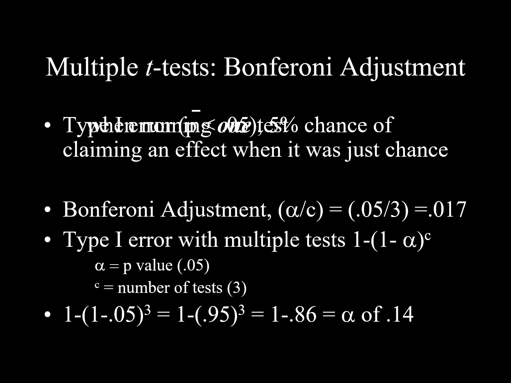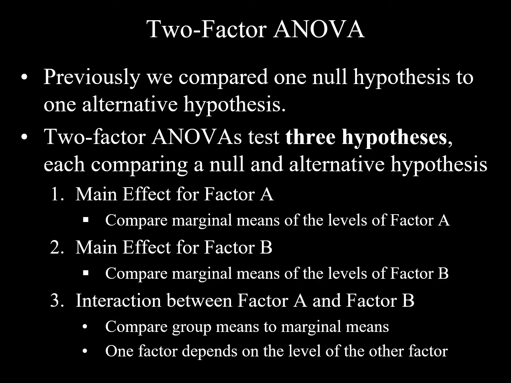That means that if I ran 3 t-tests, each one with an individual chance of being wrong at 5%, the chance that any one of them is falsely found significant at 0.05 is now a 14% chance of error. In other words, I've got an overall error across all 3 tests, that any one of them might accidentally turn out to be significant when they aren't, at a 14% chance, not a 5% chance. And that's why we need to use the Bonferroni adjustment.